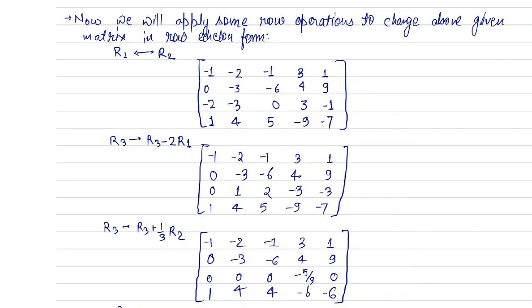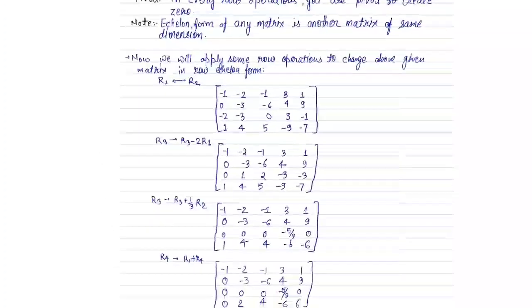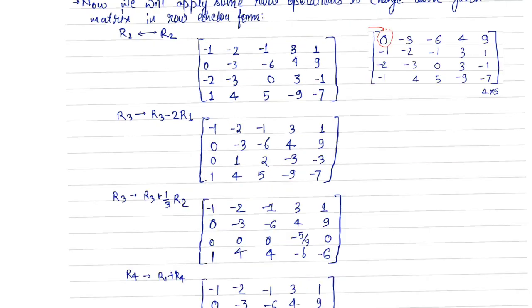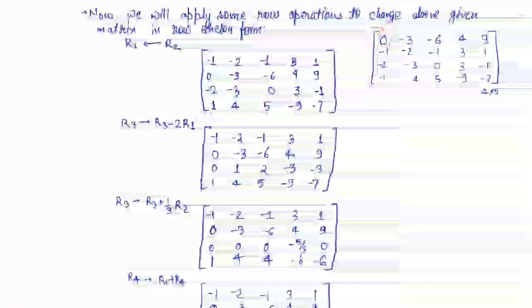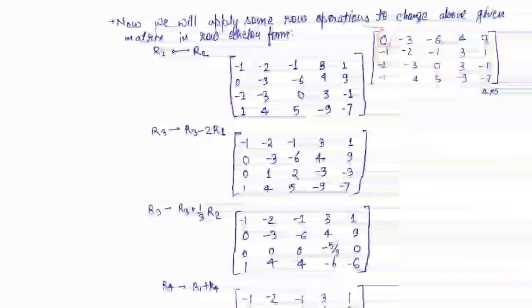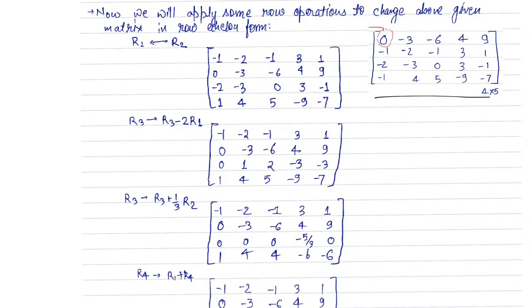So I have taken an example here. Let's take this example, the same question we have written above. So first we can see that this point is 0, so we can't make this minus 1 into 0 using this 0.